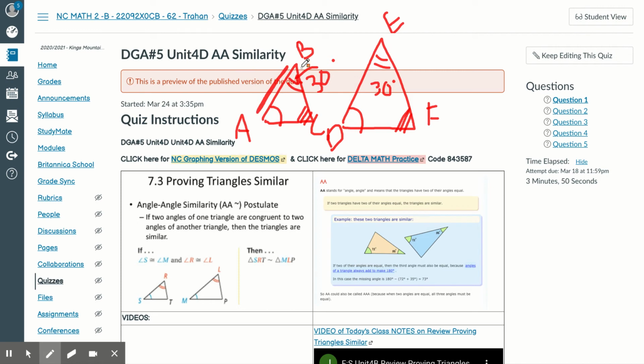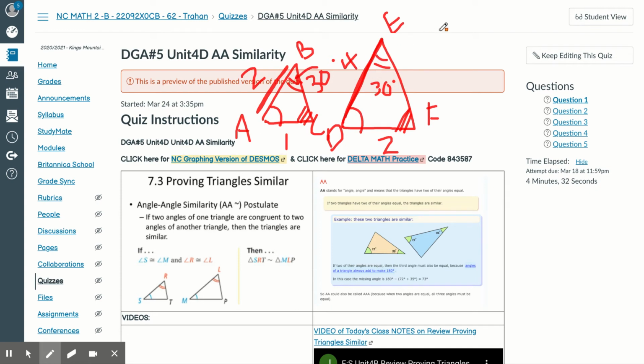So if I tell you that the length of AB is 2 and the length of AD is 4, and the length down here, this guy, is 1 because he looks smaller than the other one, and this guy right here is 2, you can see that this triangle over here, the smaller one, is half the size of this bigger one, because I multiplied 1 times 2 to get to the corresponding side DF. I multiplied 2 times 2 to get 4, which is the corresponding side DE to AB.